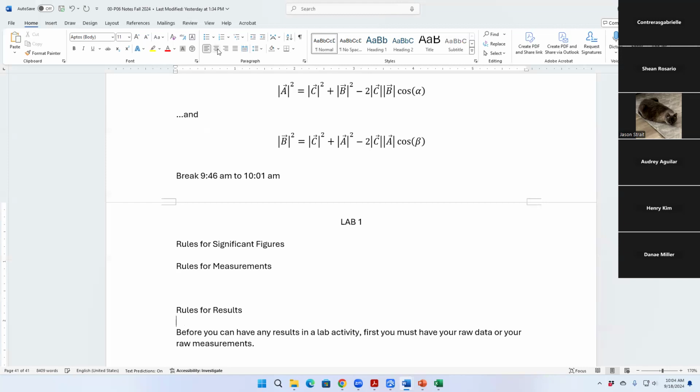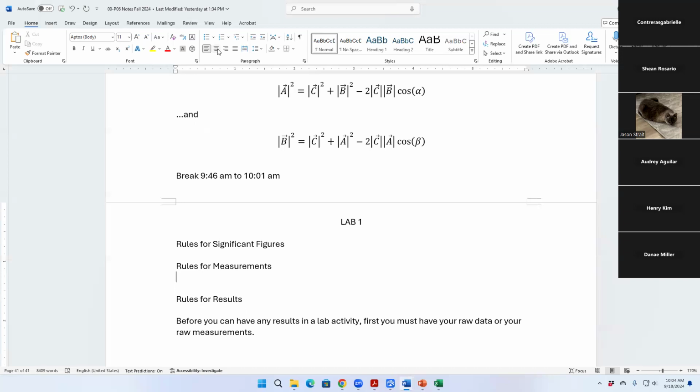So, the rules for significant figures and the rules for measurement, in this course, I am adopting the most conservative technique in terms of reporting of the measurements.